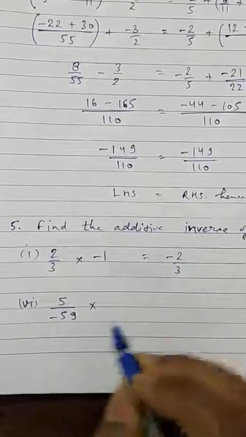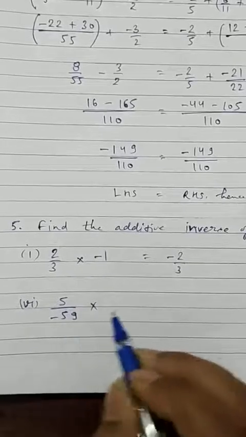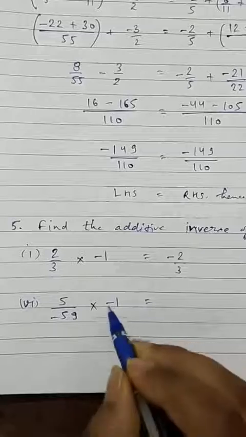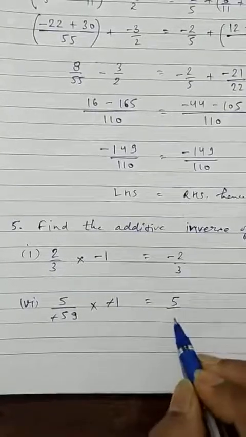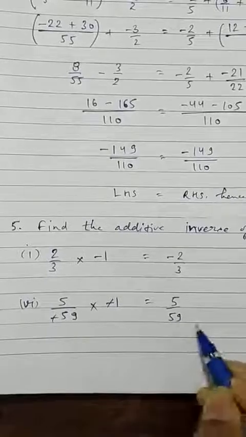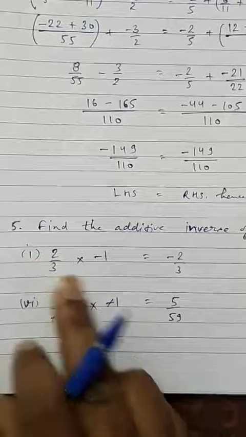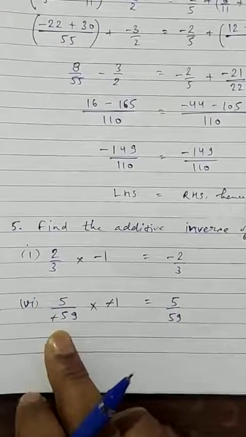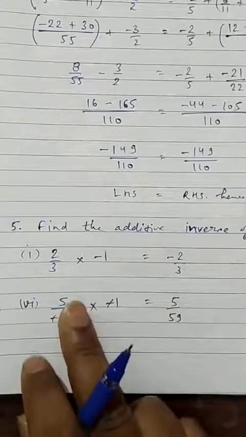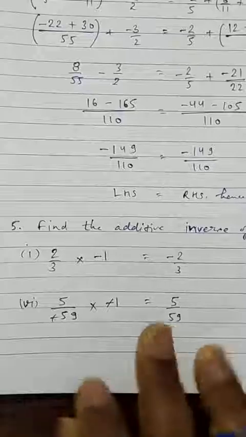Again, we will multiply the next part, 5 upon minus 59, by minus 1. So minus minus is cancelled. The answer is positive 5 upon 59. You can see that only the signs are changed. 2 upon 3 becomes minus 2 upon 3 and 5 upon minus 59 becomes 5 upon 59.